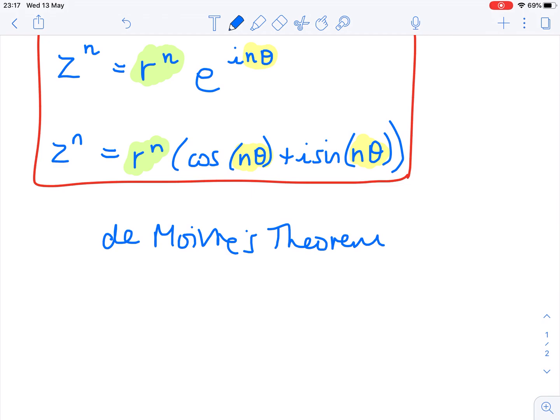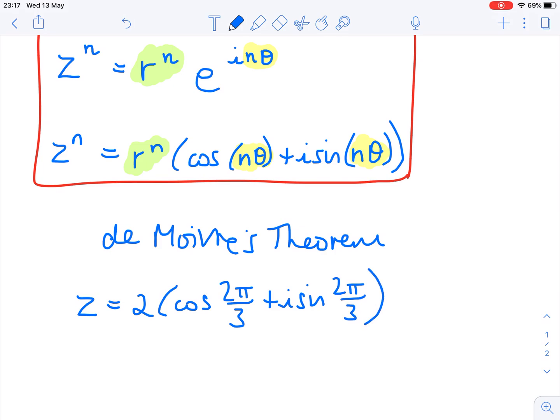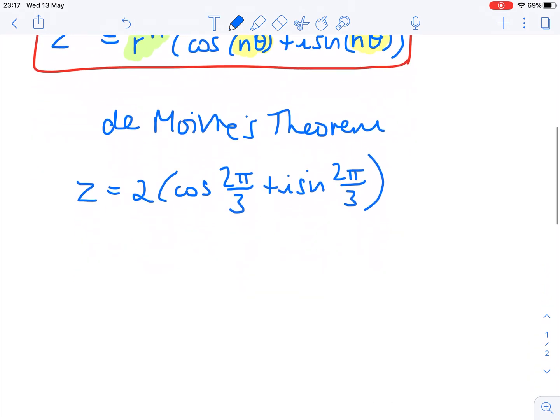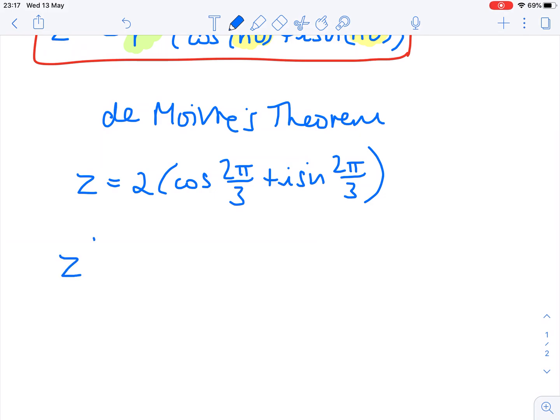So if I take the complex number z equals 2 cos 2 pi over 3 plus i sine 2 pi over 3, and I'm looking to simplify an expression for z to the 5, where z has the definition above. So z to the 5. So the n value is 5, so I need to take the modulus of the original complex number and raise that to the power of 5, so that's my new modulus.